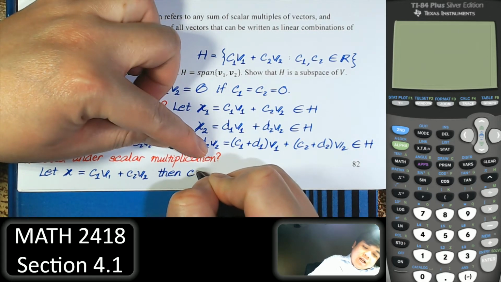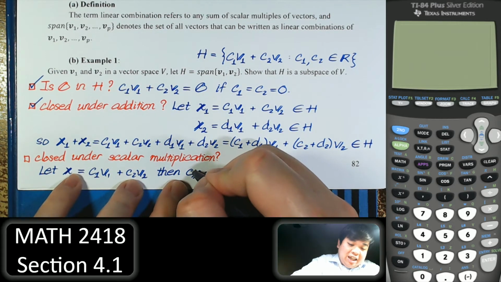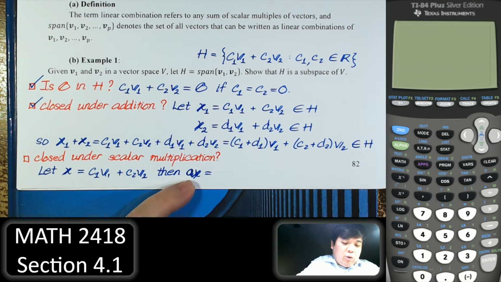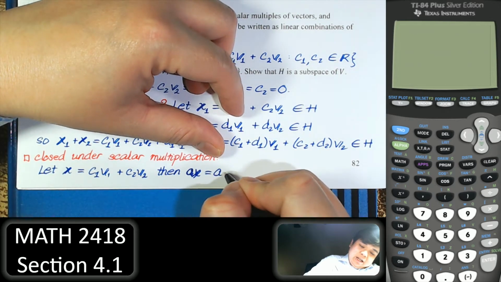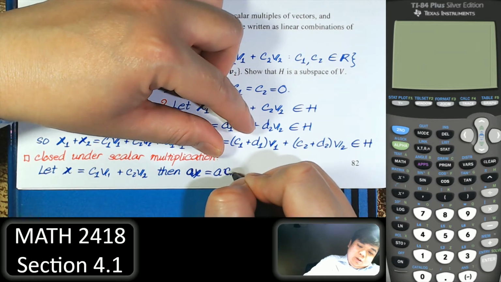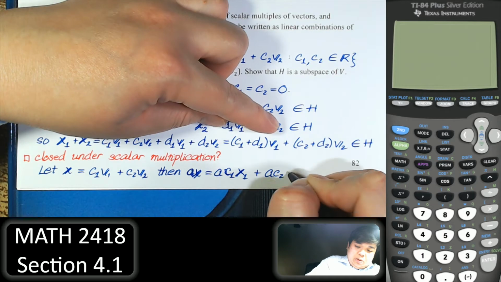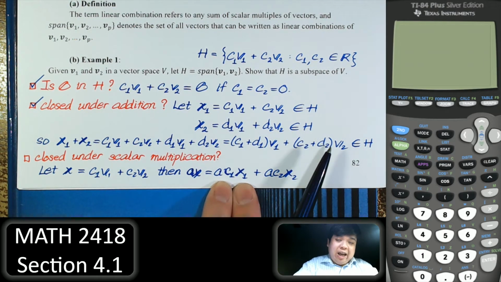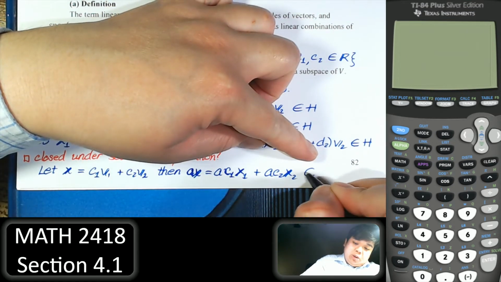Then when we multiply by a constant, let's multiply a into x, because we have the c already. When we multiply a into it, we're going to have a c1 v1 plus a c2 v2. Once again, we have a constant times v1 plus a constant times v2. This of course also belongs to H.